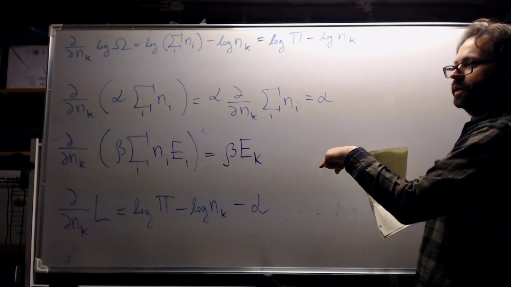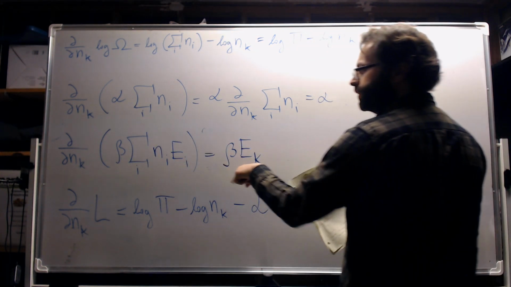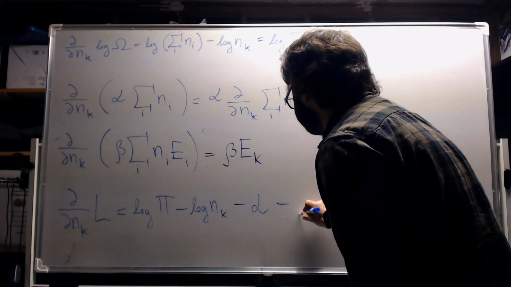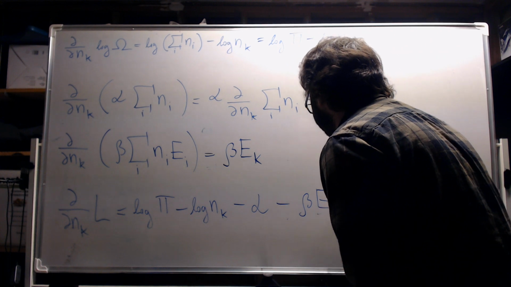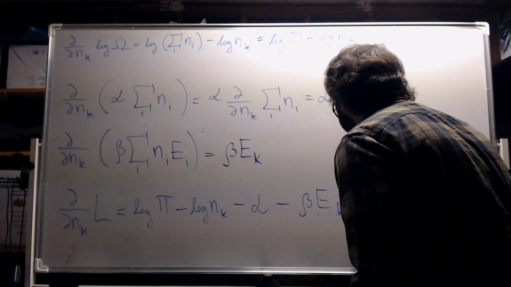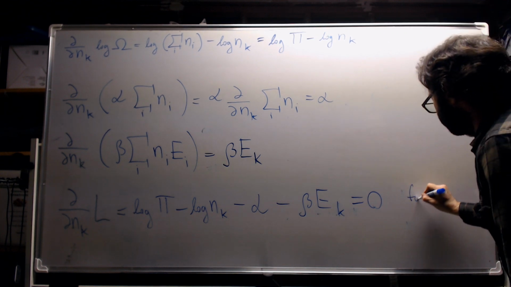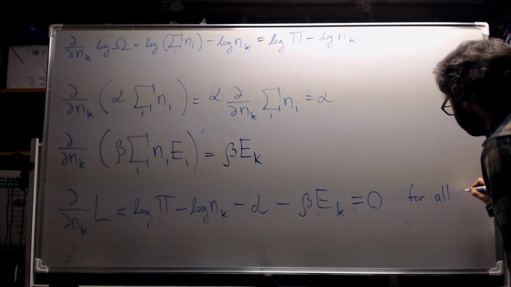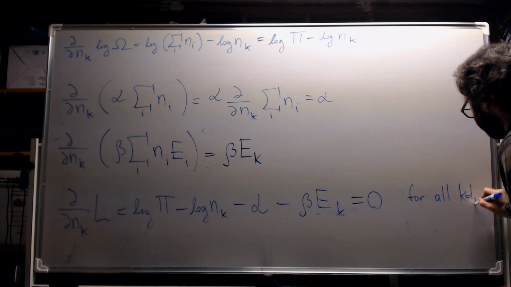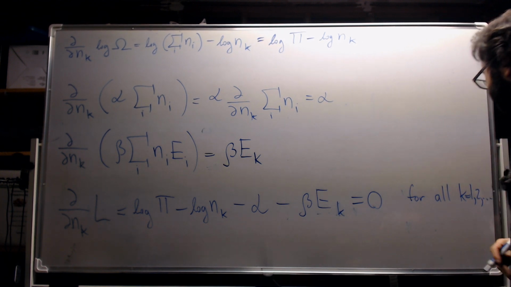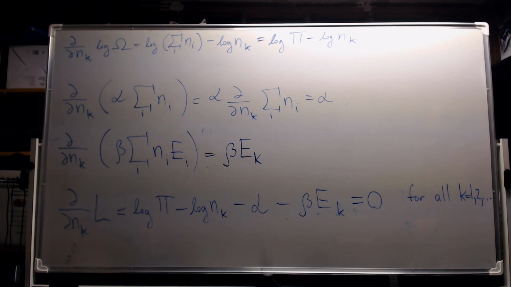Remember, it came in with a minus. Minus the derivative of the second constraint, minus beta e_k. And this whole thing has to be set equal to 0 for all k equals 1, 2, and so on, for all the indices of every microstate.